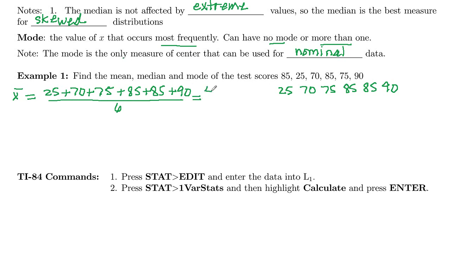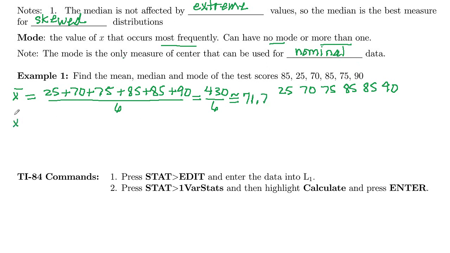And that gives us a total of 430 divided by 6 is approximately, if you do the calculator work here, 71.6. And actually it's 71.6 repeating, so if we round that up, 71.7, our mean.